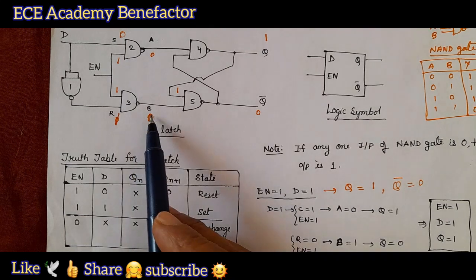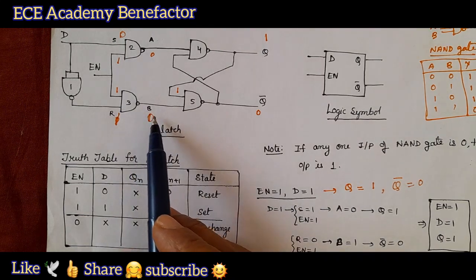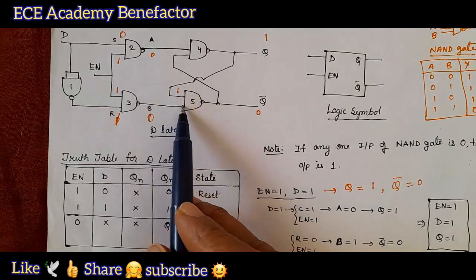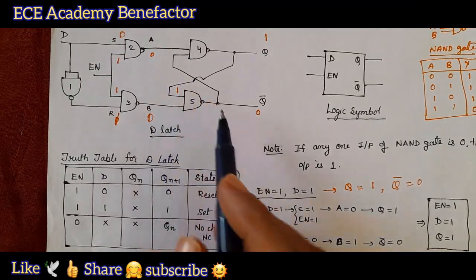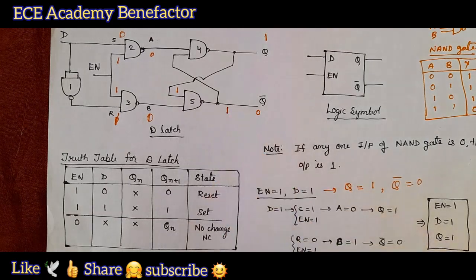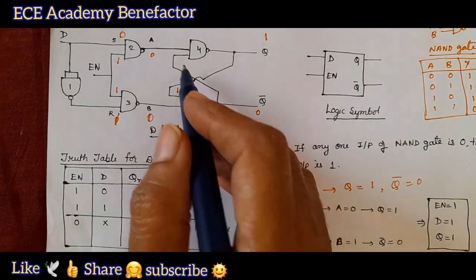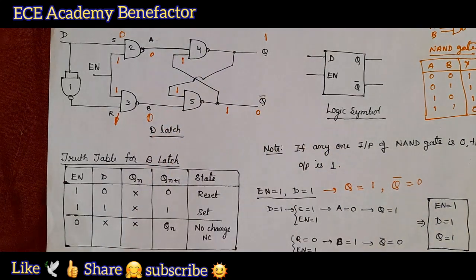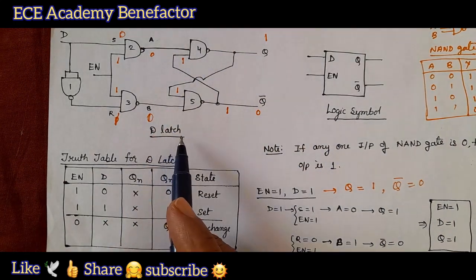So, when this output is 0 at this B input, what will be coming now? When any one of the input of the NAND gate is 0, the output is going to be 1. Now, this 1 is going to be coupled here. So, what is the output here now?